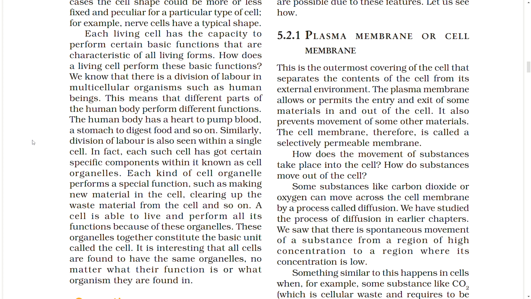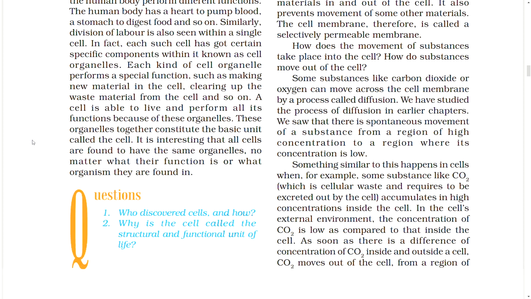Some substances like carbon dioxide or oxygen can move across the cell membrane by a process called diffusion. We have studied the process of diffusion in earlier chapters. We saw that there is a spontaneous movement of a substance from a region of high concentration to a region where its concentration is low.